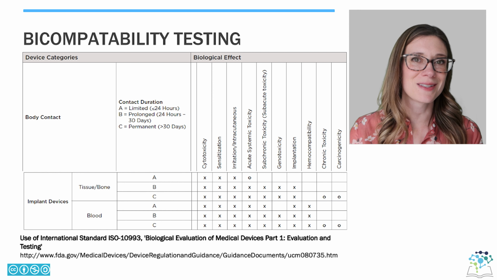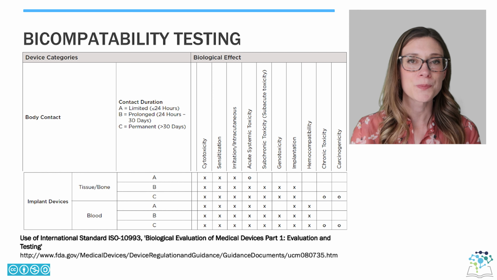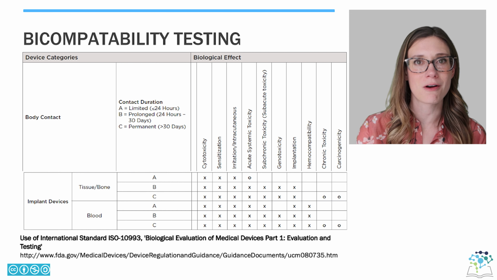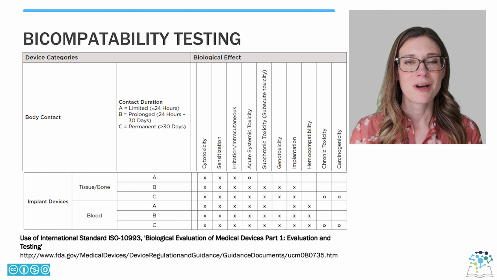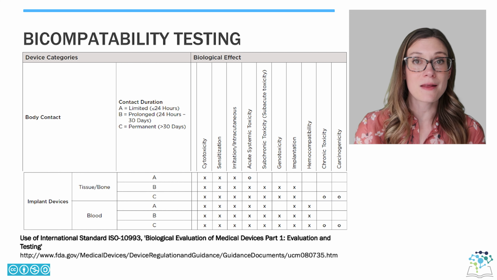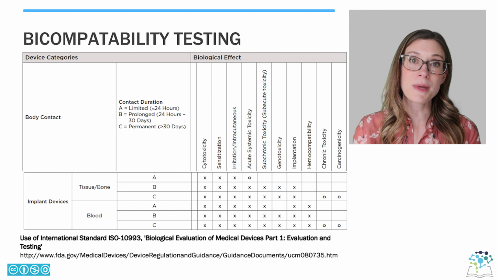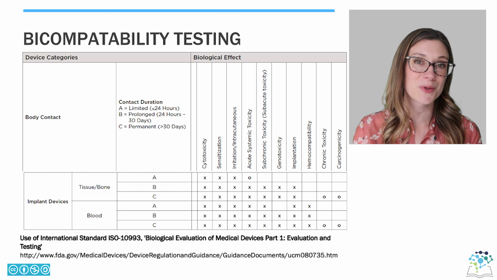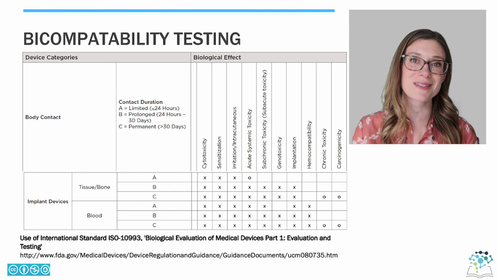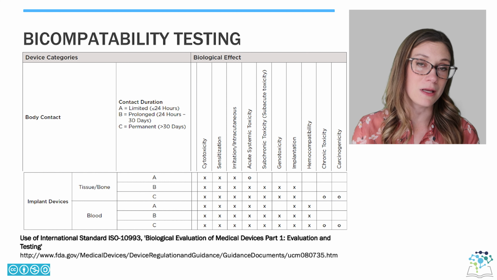So for instance, in the snippet that I've pulled out here, we're looking at implanted devices. And let's look at those that are contacting tissue and bone. For these devices, we can choose a duration. Let's say that this hypothetical device is a limited duration, so less than 24 hours. That would bring us to the top row of this snippet of the chart. There you can see in the columns the types of biocompatibility studies that may be needed.